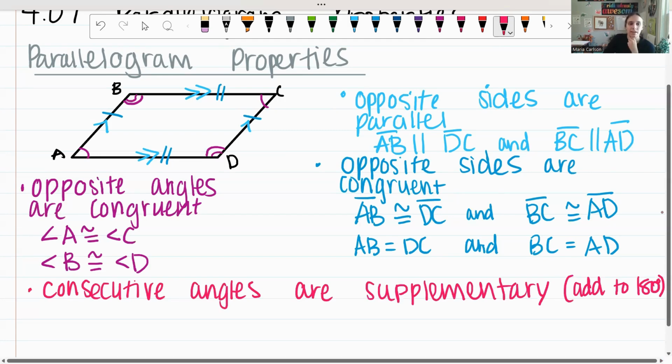And what's a consecutive angle? Consecutive angles share the same side. So A and B are consecutive angles along this shared side AB. Angle A and angle B are consecutive because they sit along the same side.